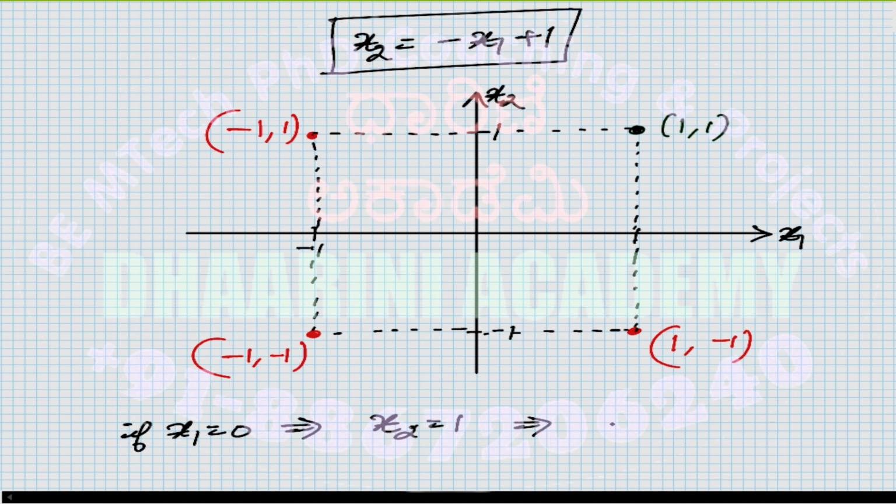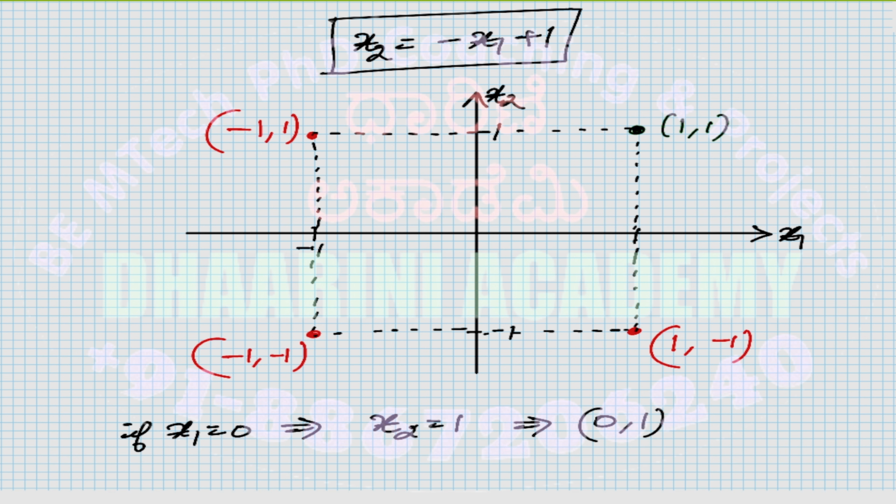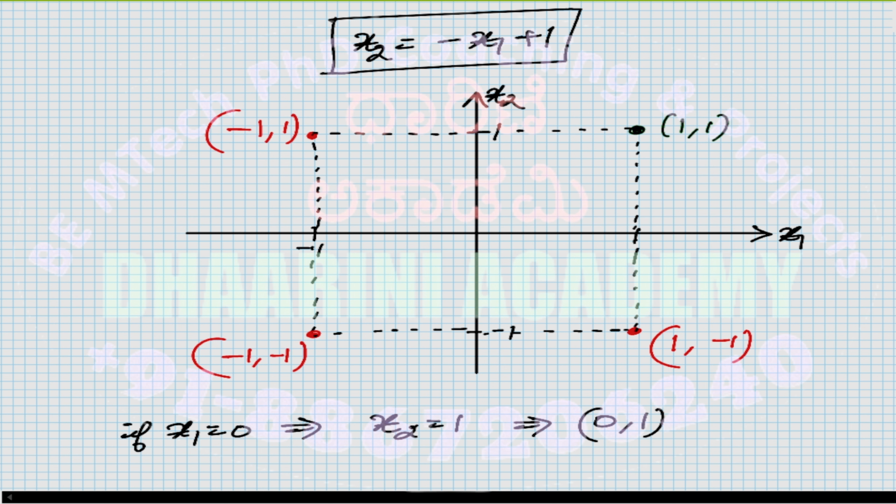So the point is 0 comma 1. So where is the point 0 comma 1? That is here. I'll write on the other side so that it will not overlap the straight line. So this is 0 comma 1.